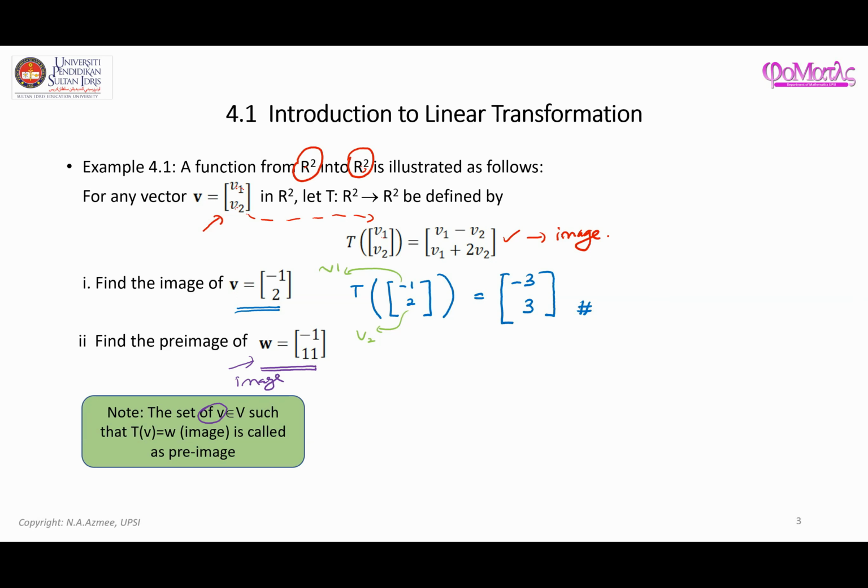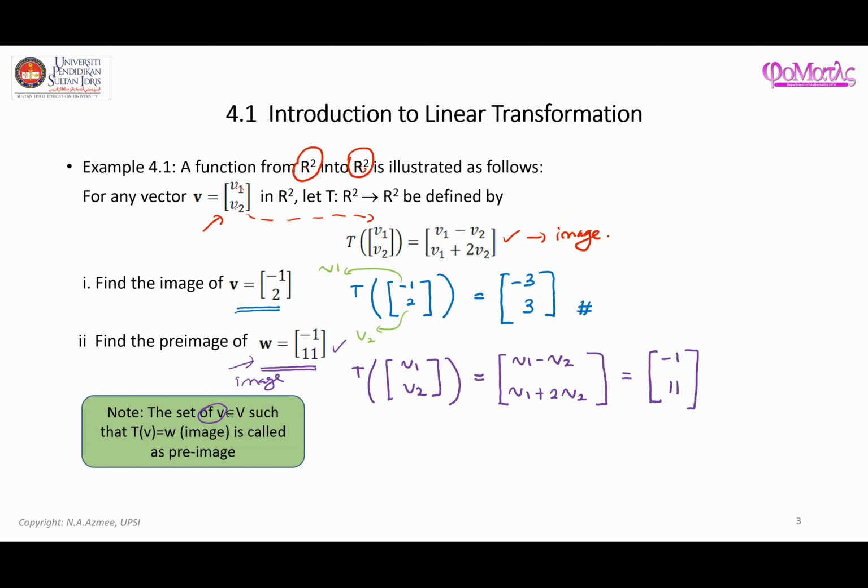Therefore, we can think of the information given as something like this. We have a vector V1 and V2, and we don't know what that is. The process, according to the rule, is V1 minus V2, V1 plus 2V2, and if you supply V1 and V2 in this particular case, we get the result of negative 1 and 11.